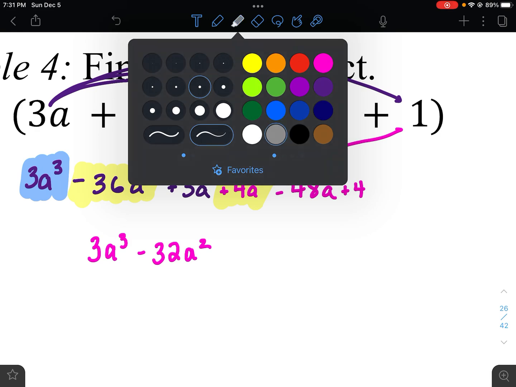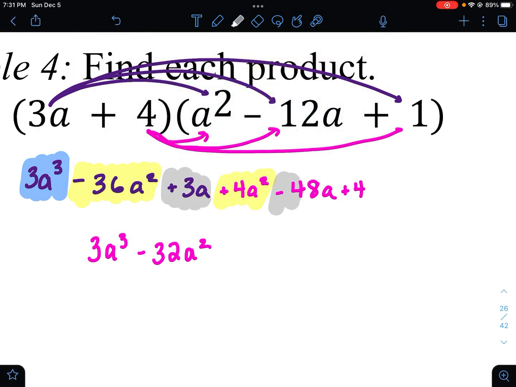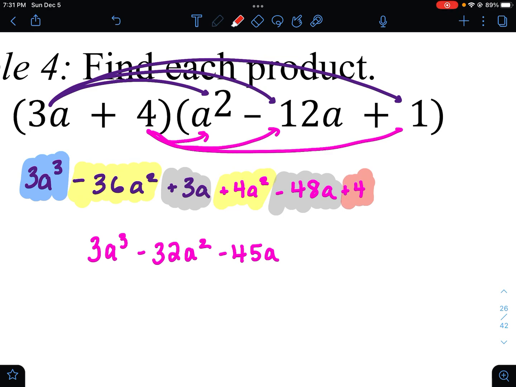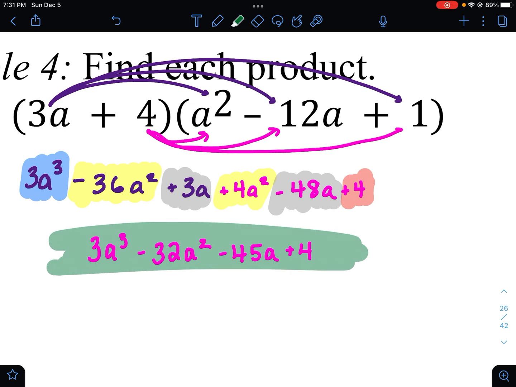Plus 3a minus 48a gives us a minus 45a. And we just have our plus 4. Okay, again, I'm going to double check. My terms are in descending order. I have cubed, squared, 1, none, and I don't have any terms that are like terms that I can combine together.